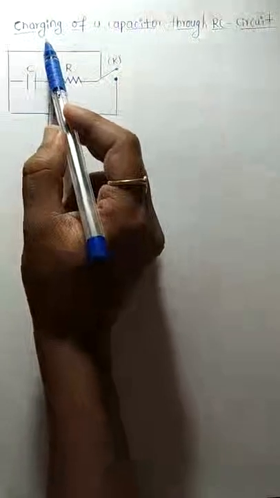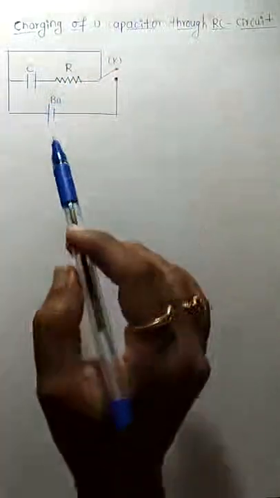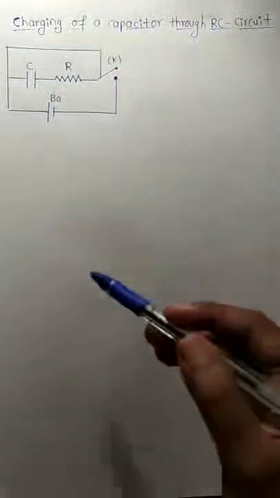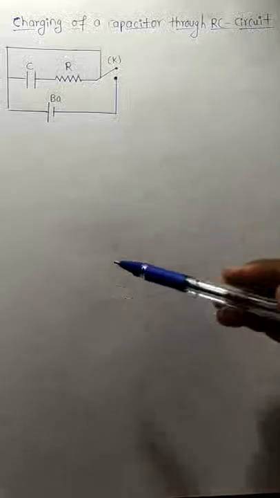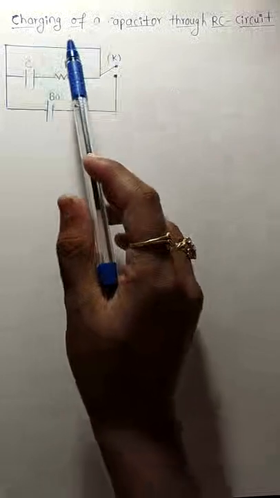Charging is nothing but the starting of storing of electrical charges in the capacitor. Discharging is when the stored electrical charges leak from the capacitor.